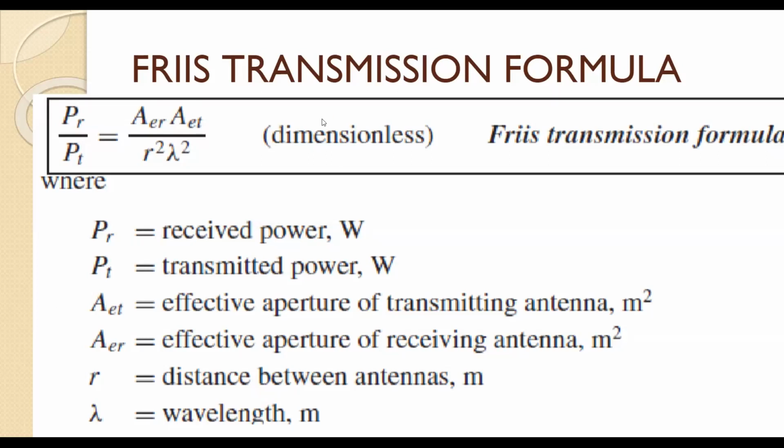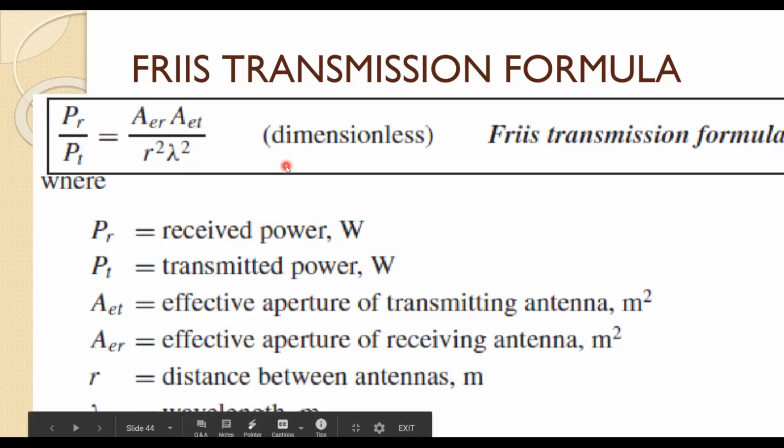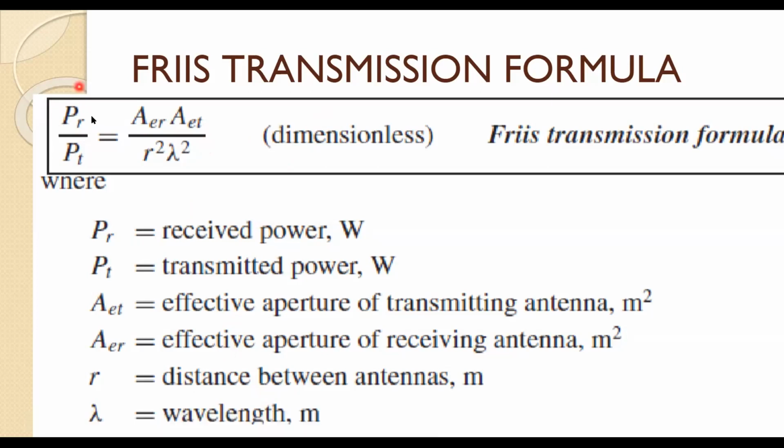Small r is the distance and lambda is the wavelength. So PR by PT equals AER times AET by r squared lambda squared.